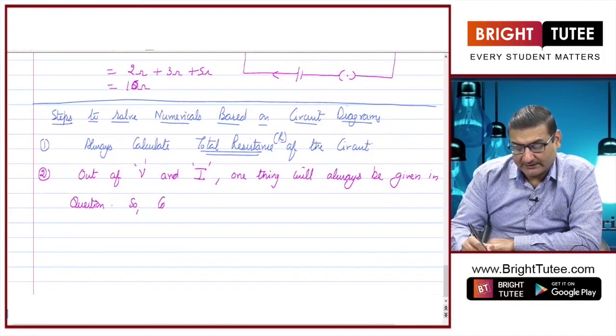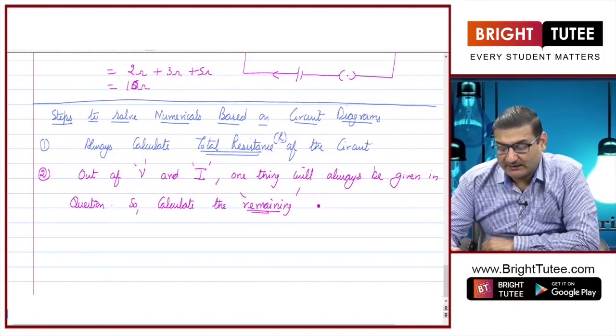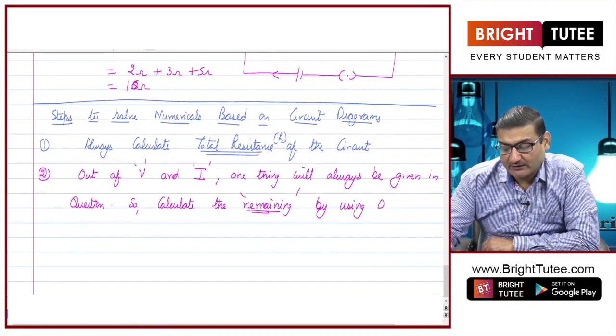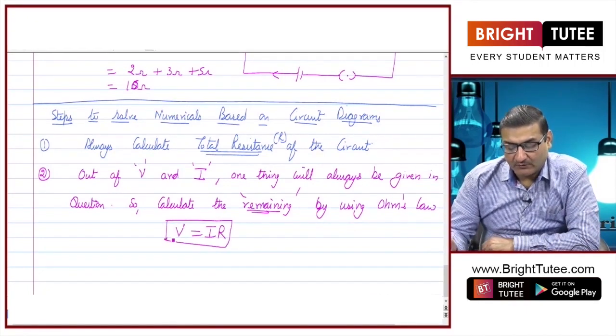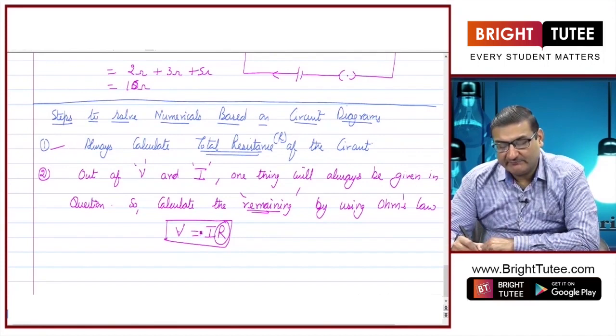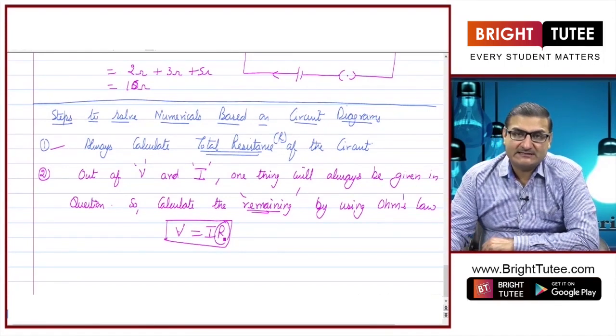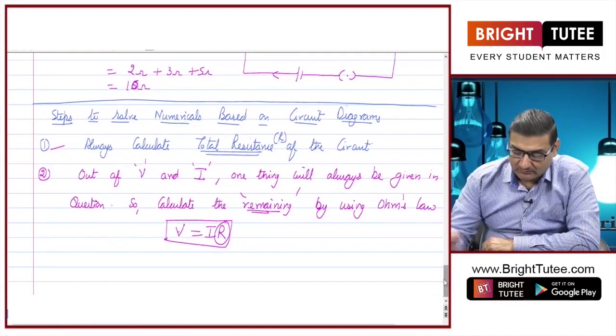So, calculate the remaining one by using Ohm's law, which states V is equal to IR. Now, R we have calculated in the first step. Out of V and I, if one thing is given to us, of course, we can calculate the other one. Simple, right?